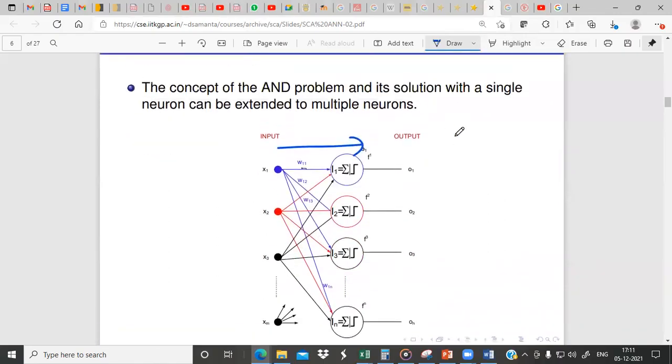So there will be weights. In a neural network, our objective itself is to learn the weights, because the inputs are given and you have to predict the output. The output depends on the weights and the threshold, nothing else. So what we have to learn are the weights and the threshold.